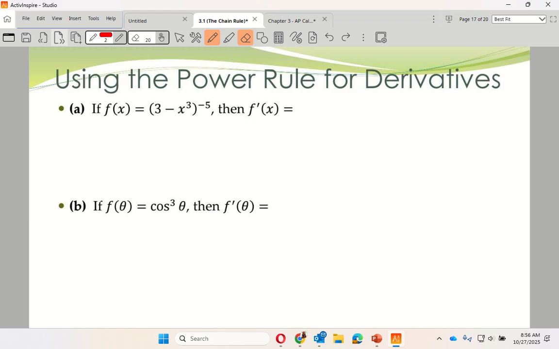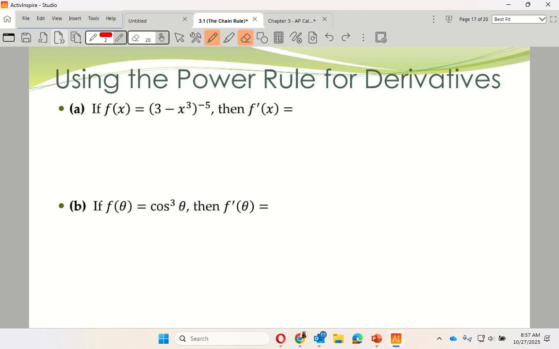All right, now, you guys ready? What's my complicated part on my first one? The 3 minus x cubed. Yeah.